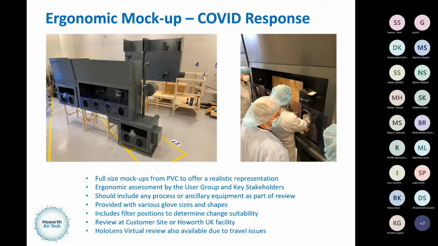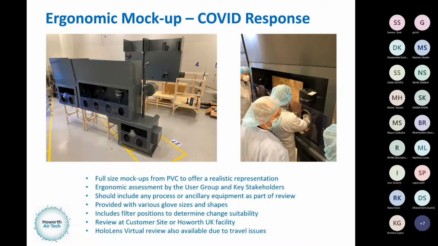We can look at handling materials, we can look at handling vessels, drums, anything that's part of the process, which we would then replicate within the mock-up. And this is really important, because if you get it wrong at this stage, then the system will fail further on because it's not workable or usable. And again, one of my biggest recommendations is the operators get involved in this process from day one.